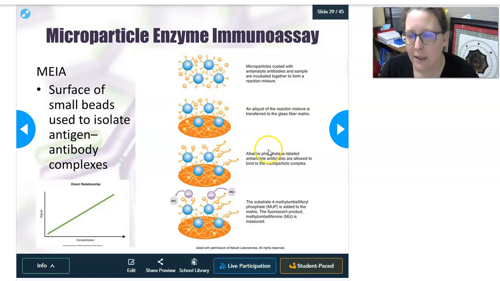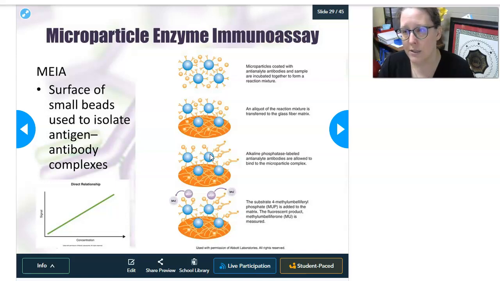And then alkaline phosphatase labeled anti-analyte antibodies are allowed to then bind to the microparticle complex. So these little microparticles have captured some analyte, and so we're going to add an antibody to another epitope of that analyte, and it will emit the signal. So it's kind of a type of sandwich immunoassay, if you will.